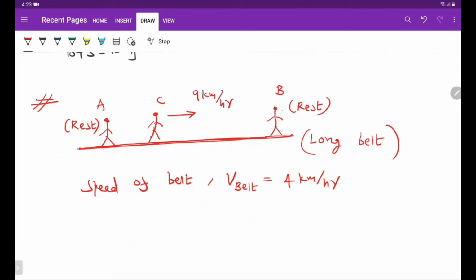The belt is moving horizontally right side. So the velocity of the belt is moving right side with 4 km per hour.